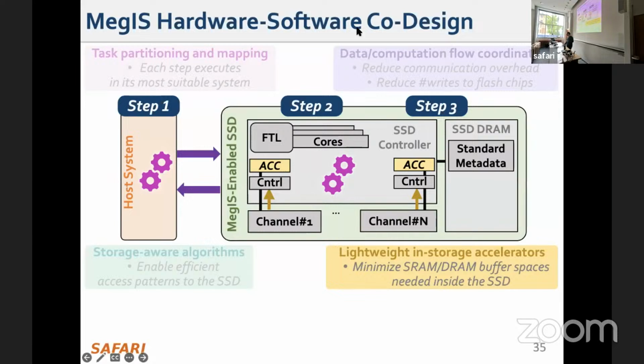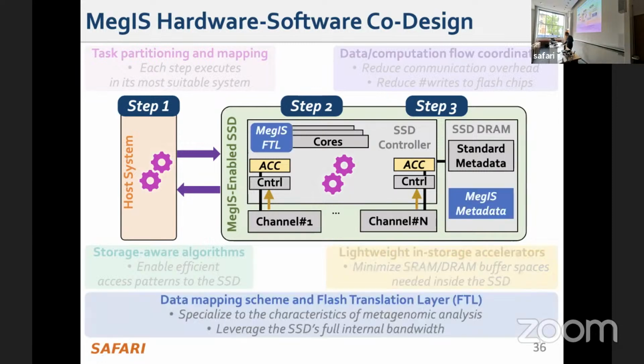You need to design them carefully to minimize the buffer space needed in the SSD. We're still trying to minimize the changes to the SSD for adoption reasons, right? And finally, you need a data mapping scheme and flash translation layer that's specialized to this sort of computation, which I'm not going to talk about.